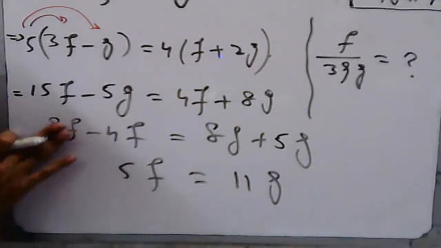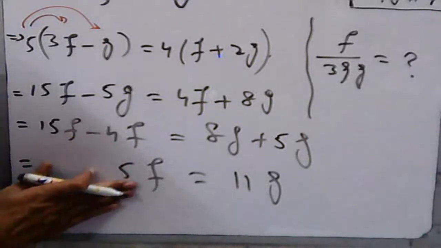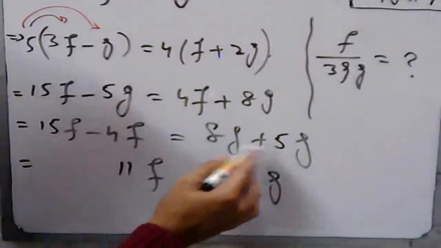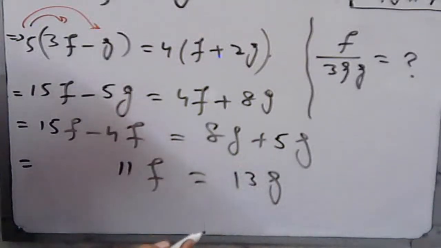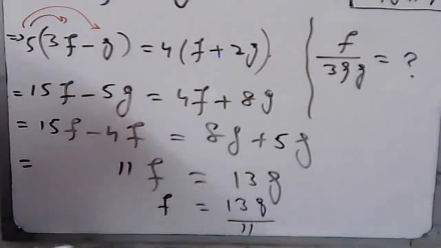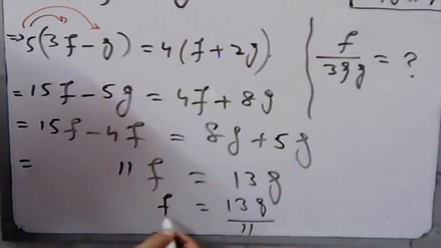So that is your 15f minus 4f, so you will get 11f, and 8 plus 5 is 13, so that is your 13g. Now the value of f is 13g divided by 11, so that is 13g by 11, the value of f.